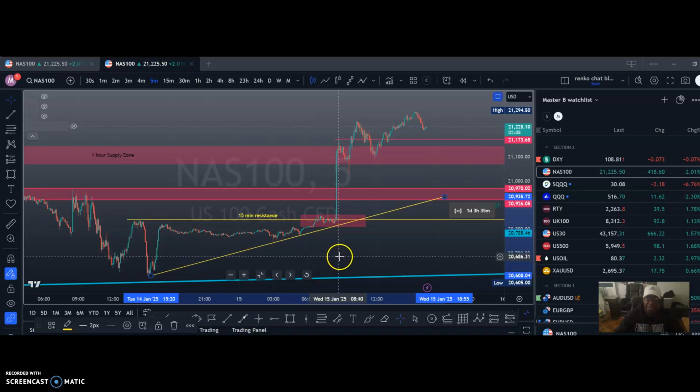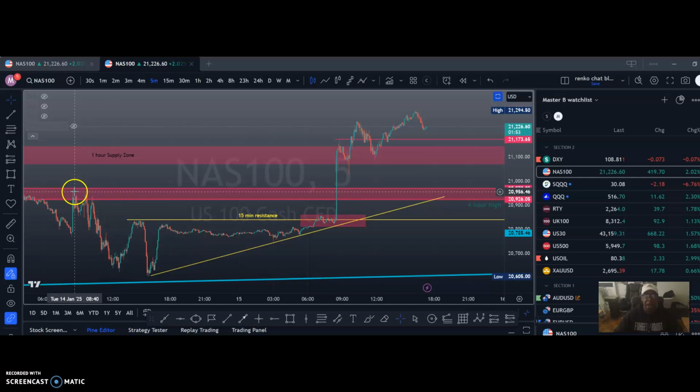That is our top-down analysis, because we're going from the daily to the 15-minute. It broke the 15-minute. What is the next level that this can possibly go to? Well, we had a 4-hour high in here. So that is the first stop on the bus.